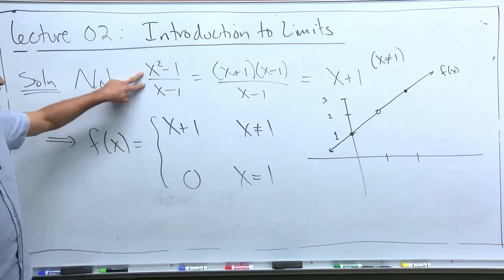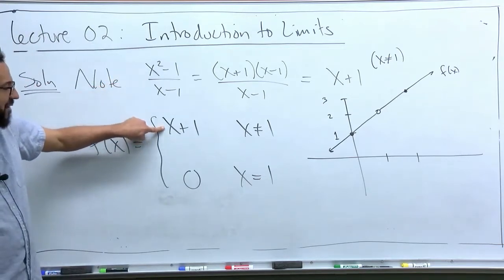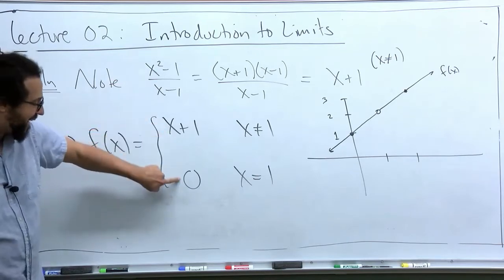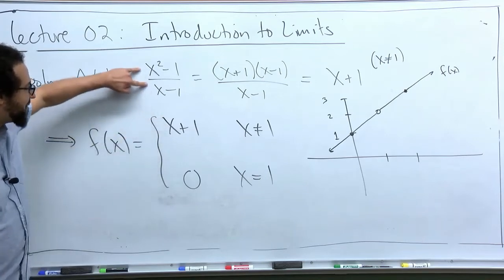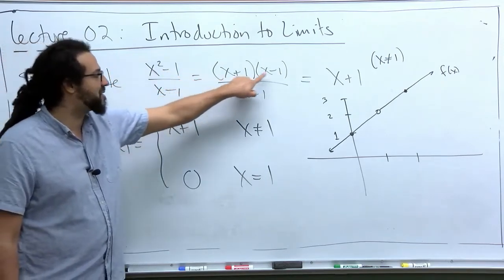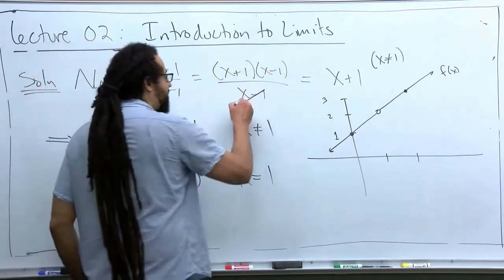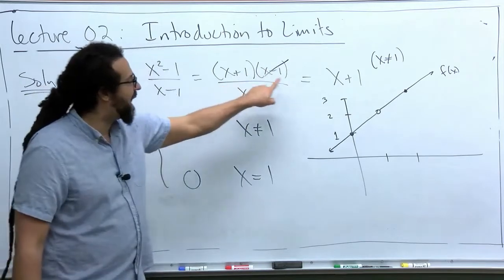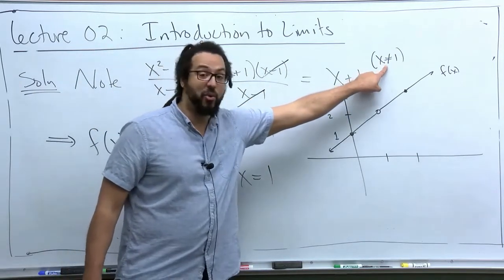In my piecewise defined function, I had (x² − 1)/(x − 1) for the first piece, and I had 0 for the second piece. So how can you simplify that first piece? Well, you can just factor the numerator as (x + 1)(x − 1) over (x − 1), and then the x − 1s will cancel, and now I'm left with x + 1 as long as x is not equal to 1.